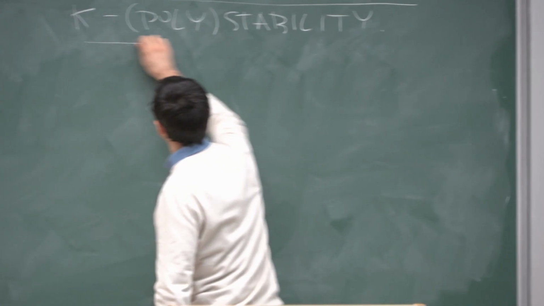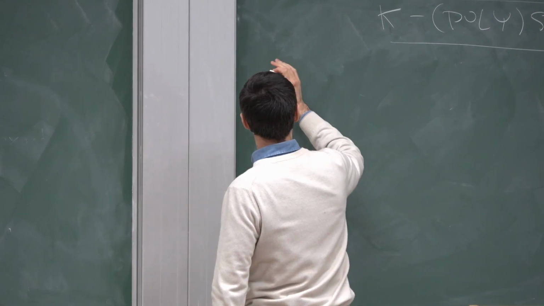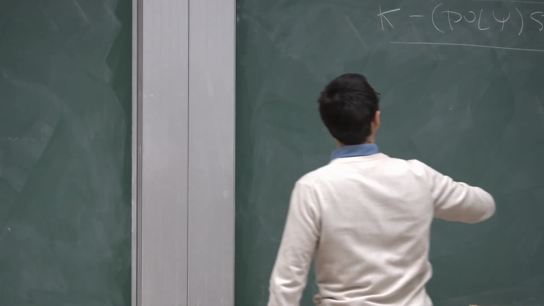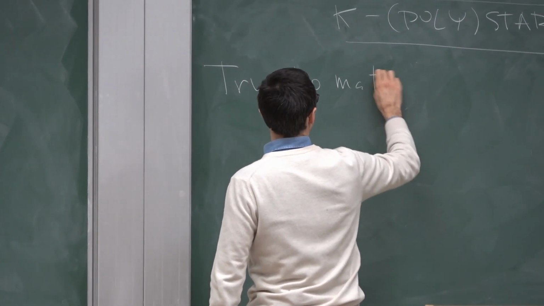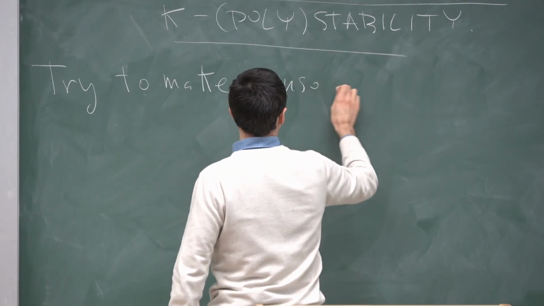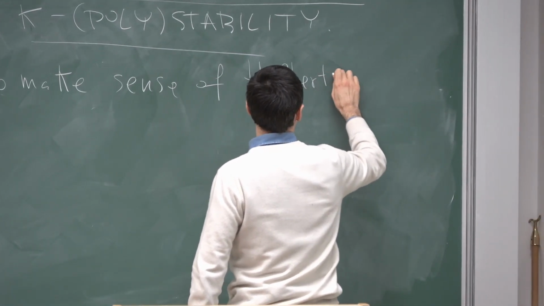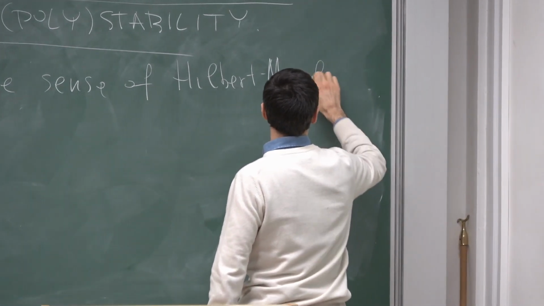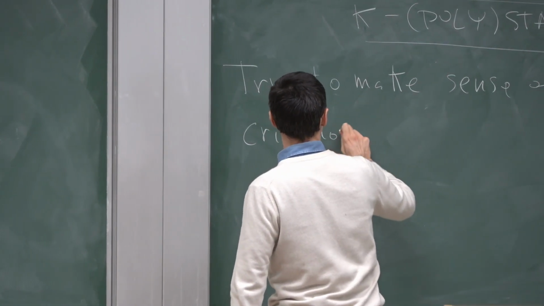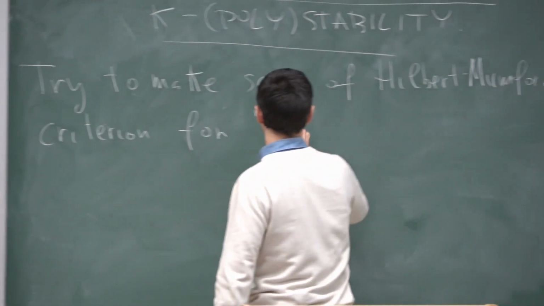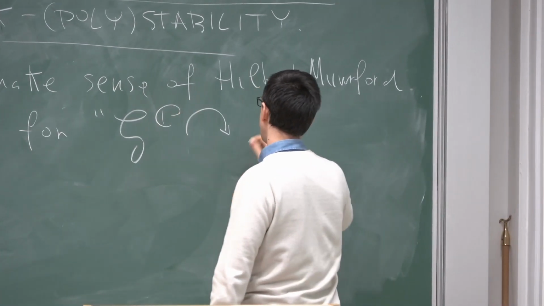And this is actually what happened historically. You notice that you have this GC action on J, and you want to try to make sense of the Hilbert-Mumford criterion for this GC action, rather for the orbits of this GC action.